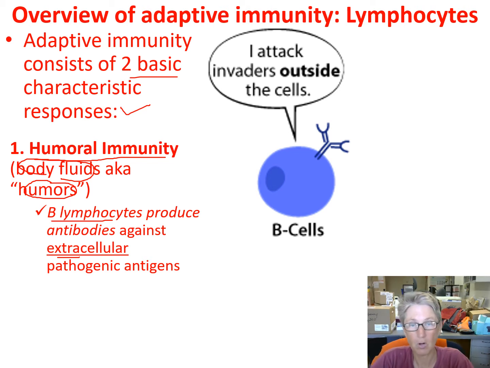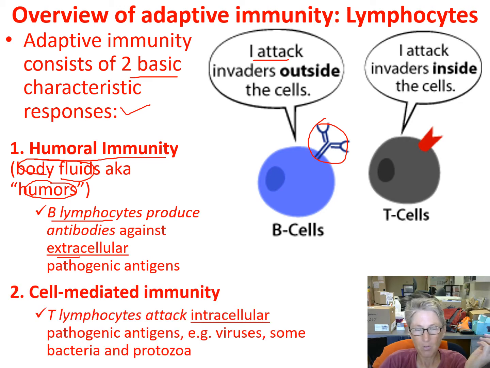In this cartoon, here's our B cell with its B cell receptor, and the B cell is saying, I attack invaders outside of cells. If you are an invader and you get inside a cell, well, don't worry, Mother Nature devised another arm of adaptive immunity called cell-mediated immunity. In this cartoon it says that this T cell attacks invaders inside the cells.